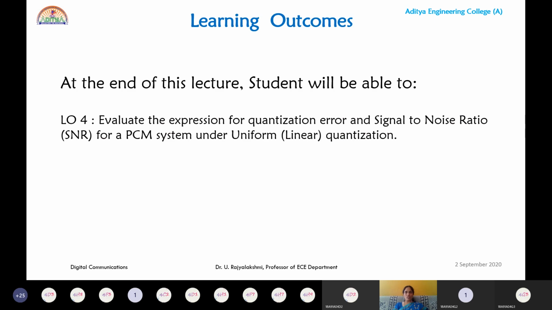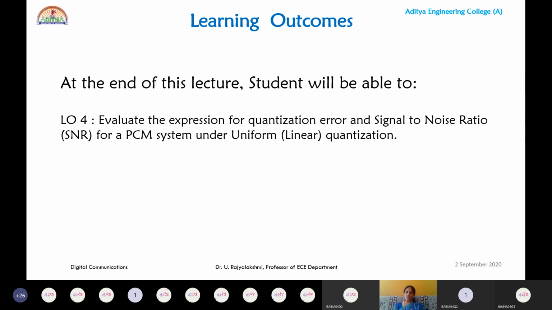After completion of this module, each and every student should be able to derive the expression for the quantization error as well as the signal to noise ratio for a PCM system under uniform quantization. Here we will consider the step size as fixed while evaluating the SNR for the PCM, a uniform or fixed step size.